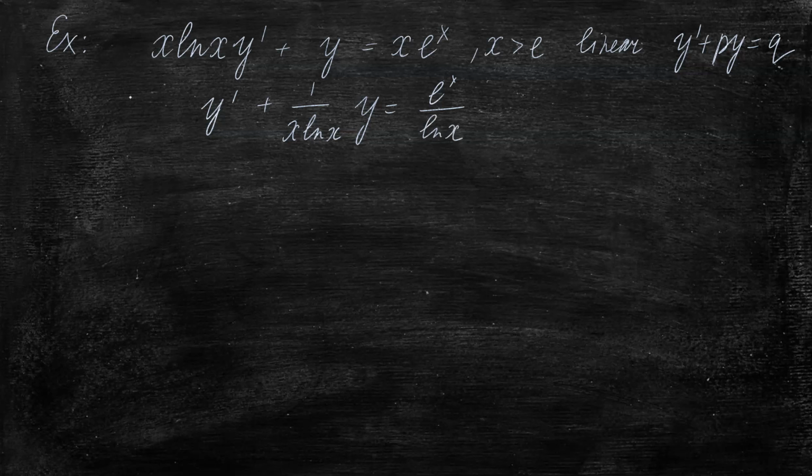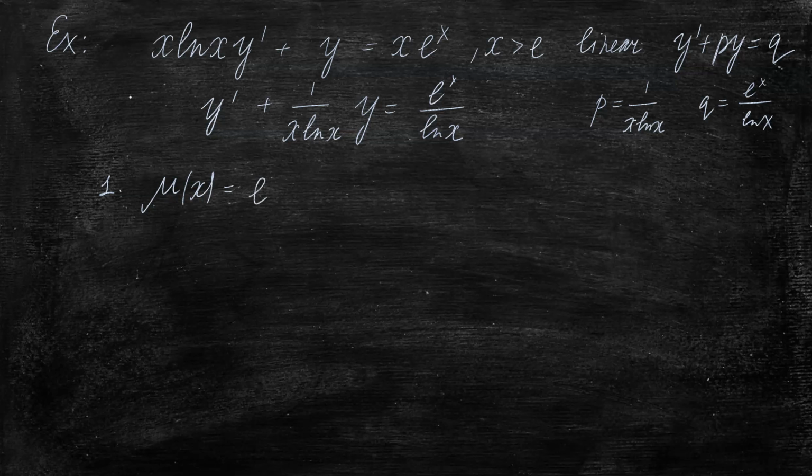And we identify p to be 1 over x ln x and q to be e to the x over ln x. And if it's linear, we can solve it by first finding the integrating factor.